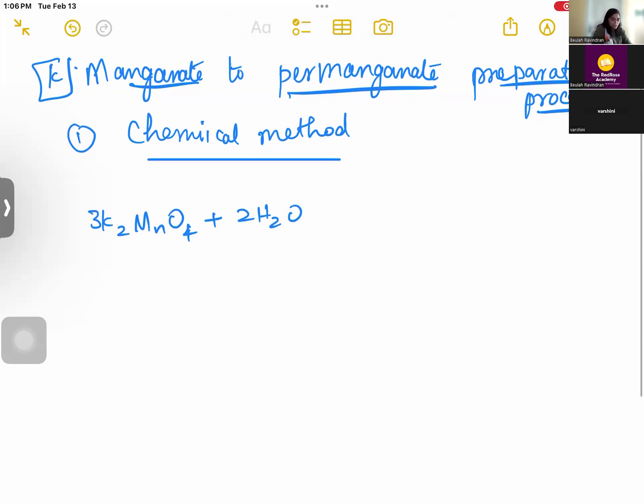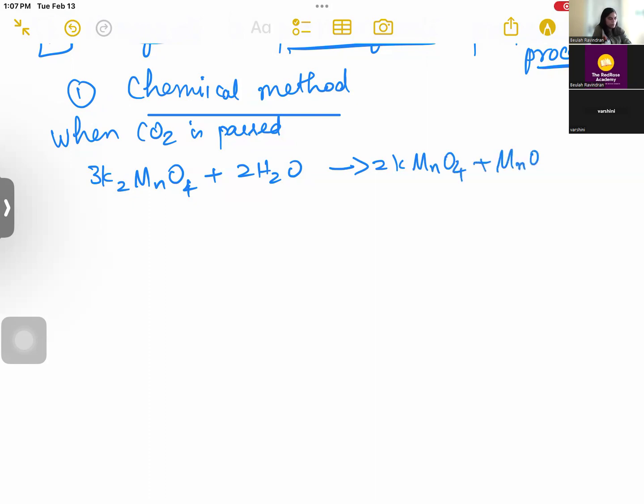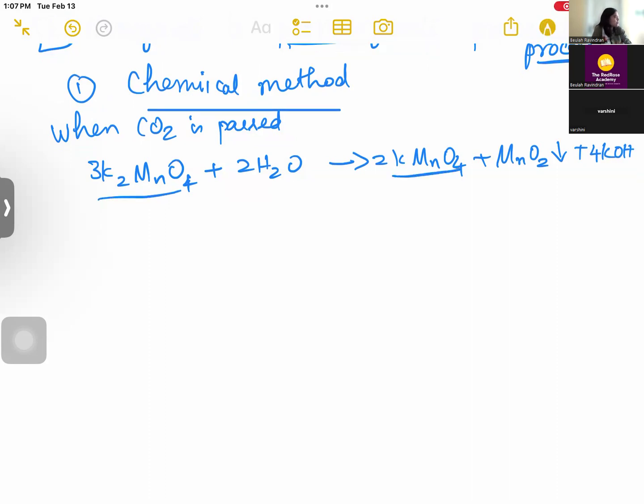So what happens when CO2 is passed? First of all, we've learned the fused dark green mass is extracted with a small quantity of water. So what is the filtrate we get? 3K2MnO4 plus 2CO2 gives 2KMnO4 plus MnO2, which is a precipitate, plus 2K2CO3.